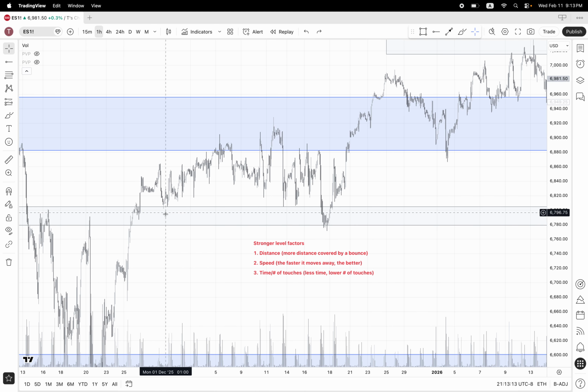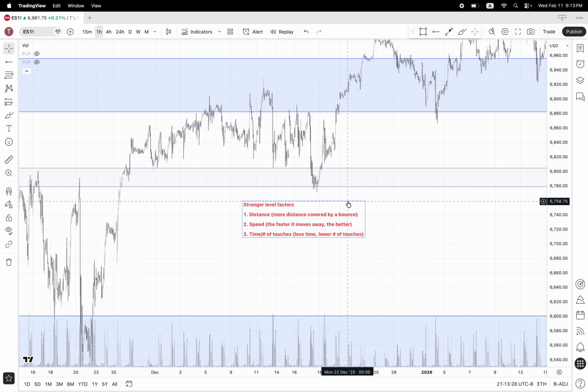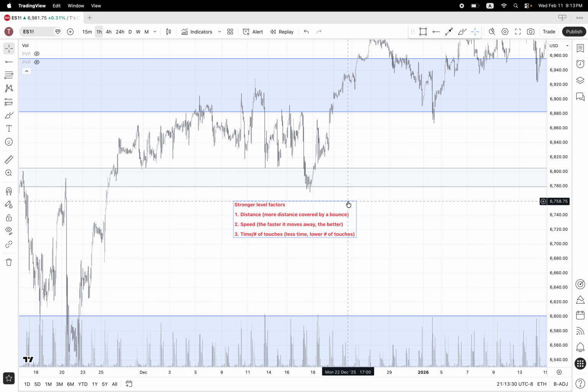If it helps you psychologically that you're supposed to buy and go long from the support and you're supposed to short, sell at resistance, and that's why you color it red, go ahead. But I personally don't find much benefit to that. I do know some people are sort of impacted by that a bit.